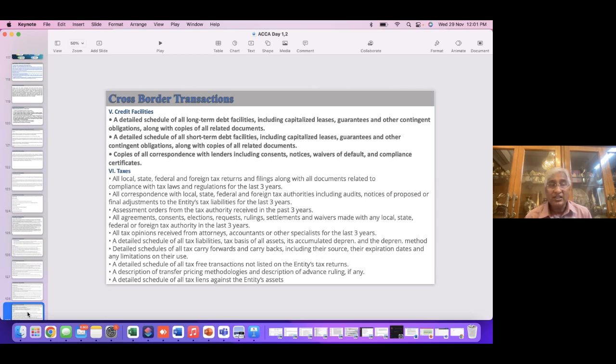all agreements, consents and elections, requests, rulings, settlements and waivers made with any local, state, federal or foreign tax authority in the last 3 years, all tax opinions received from the attorneys, accountants and other specialists for the last 3 years.